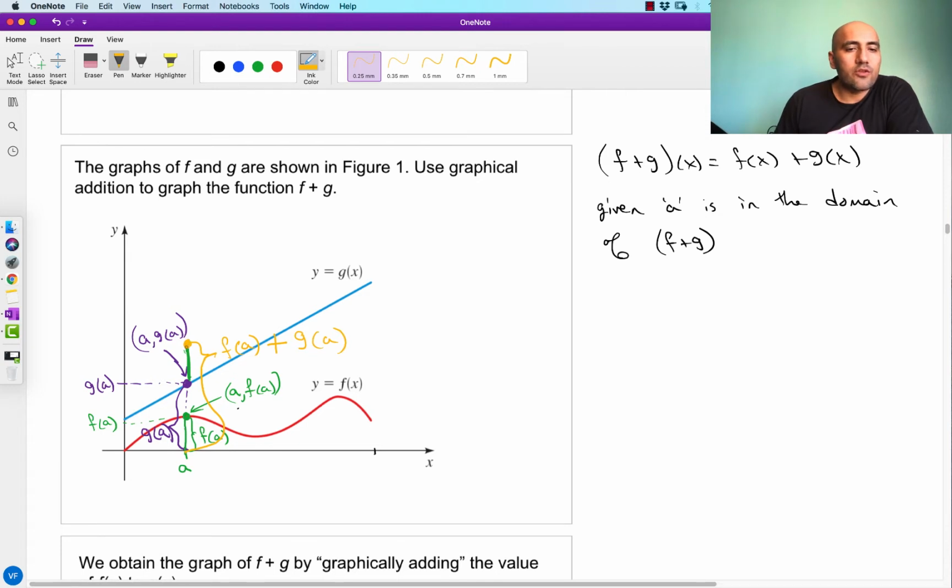So this would be the new height of my new function. This would be f plus g evaluated at a. So on a point-by-point basis, I'd have to think about what it would look like when I take the red one and add it to the blue one. Right? Okay, so let's just kind of loosely go through that.